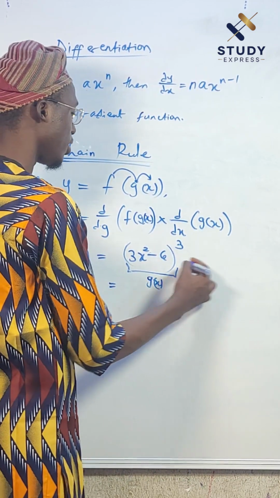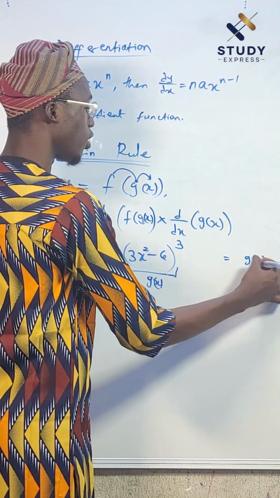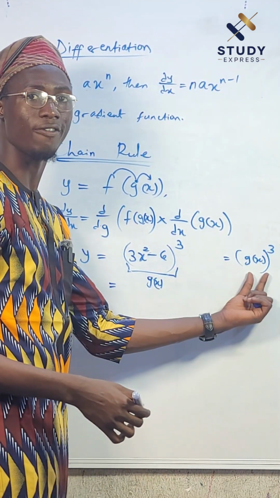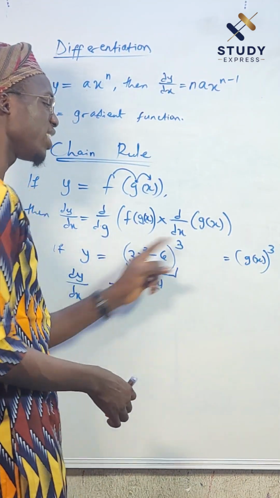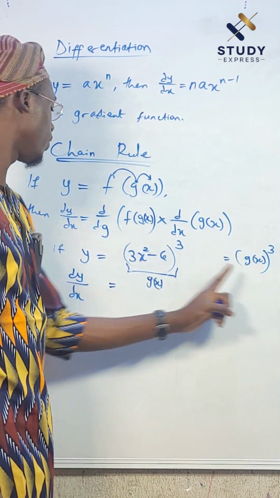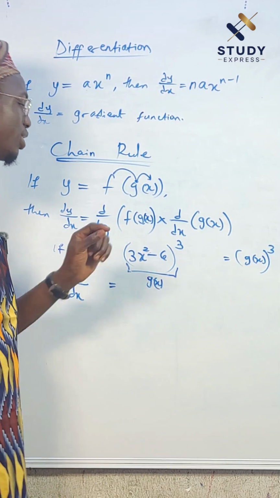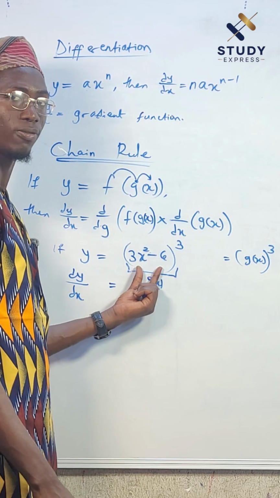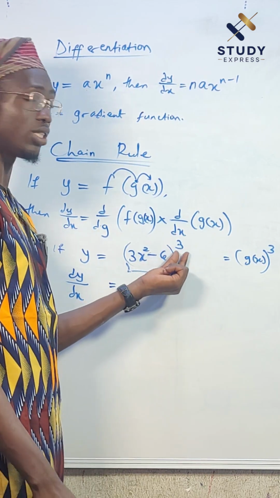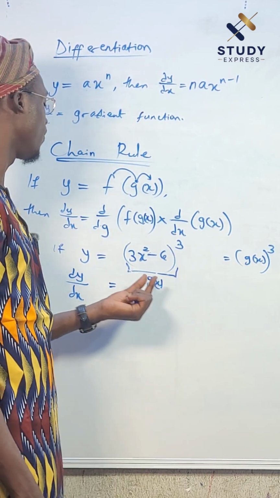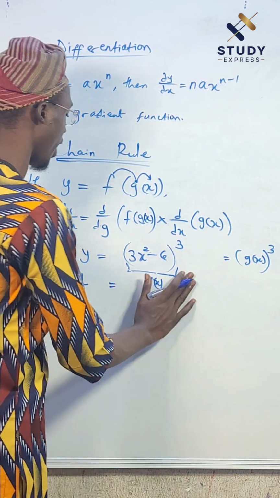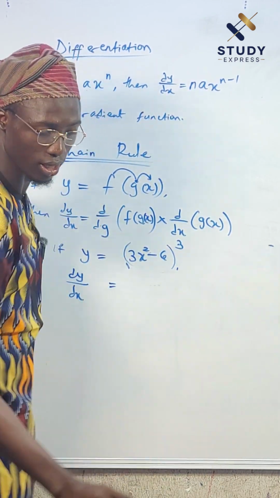Meaning that this y can be written as g of x all raised to power 3. So this is the f of g. So it means y is a function of g of x, where g of x is a function of x, right? So in this case, I'm going to differentiate the outside first, meaning g of x. Then I'll differentiate what's inside. Then I'll multiply. So let's do that and see what we're going to get.